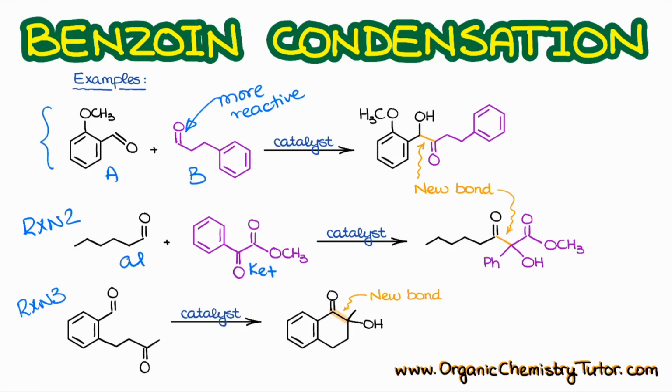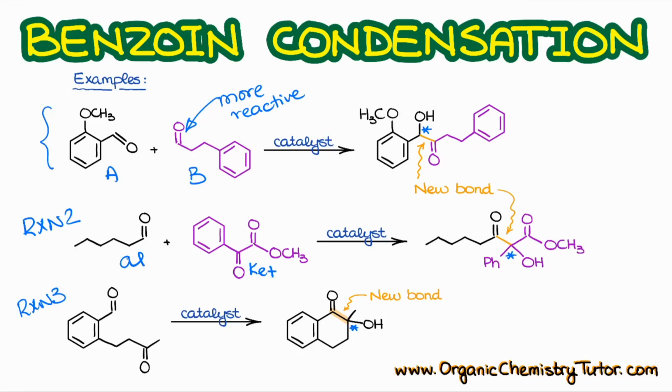And as I mentioned before, using the chiral catalysts can make certain stereoisomers, in this case very stereoselectively, because if we look at all of our products, we have a chiral carbon over here. We've got a chiral carbon here, and we have a chiral carbon over here.